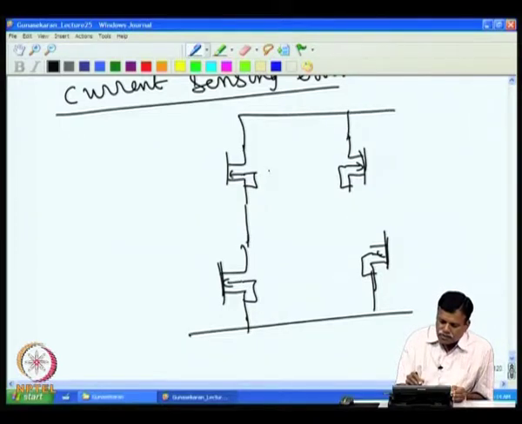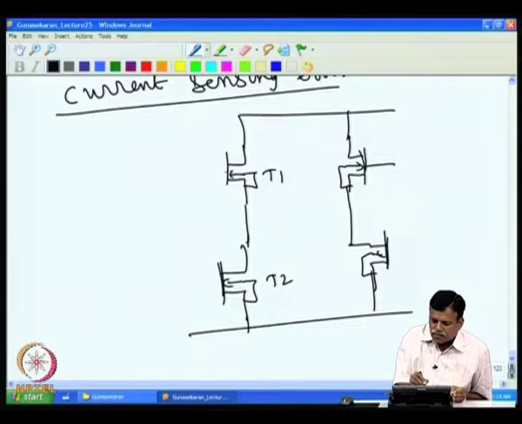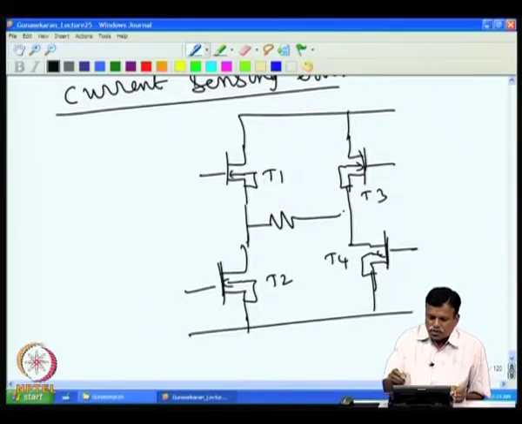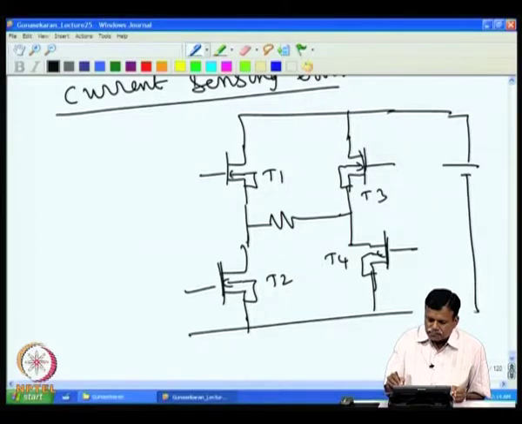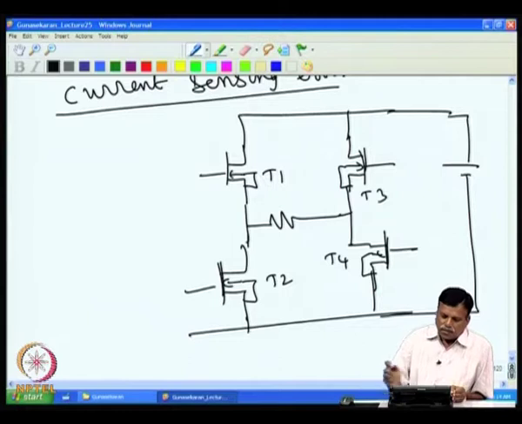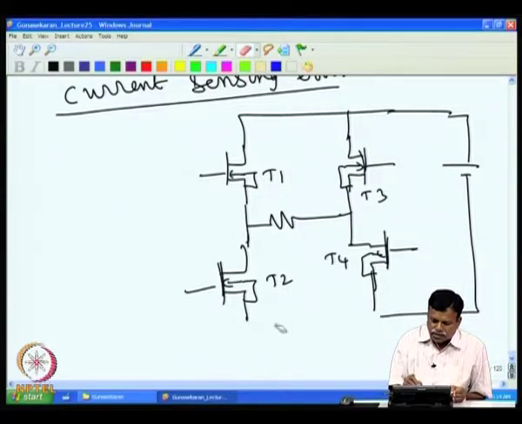We have T1, T2 and T3 and T4. There are 4 switches and the load is connected here. This is the supply here. Now, if you want to provide short circuit protection, then normally what is done is we add a resistance. So, I will expand this a little bit in the ground side.